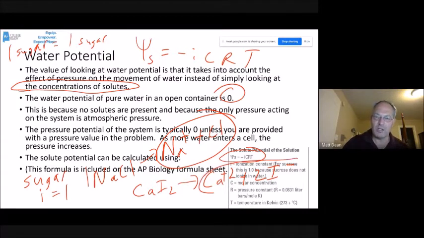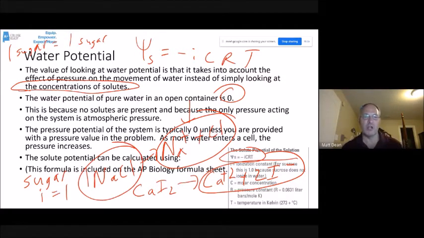That's 3 ions. So i for that salt would be 3. Important thing to remember, i for sugars is always 1, and i for salts you determine by ionizing that salt and figuring out how many ions 1 formula unit of this salt will break into. For sodium chloride, that's 2. For calcium iodide, that's 3.